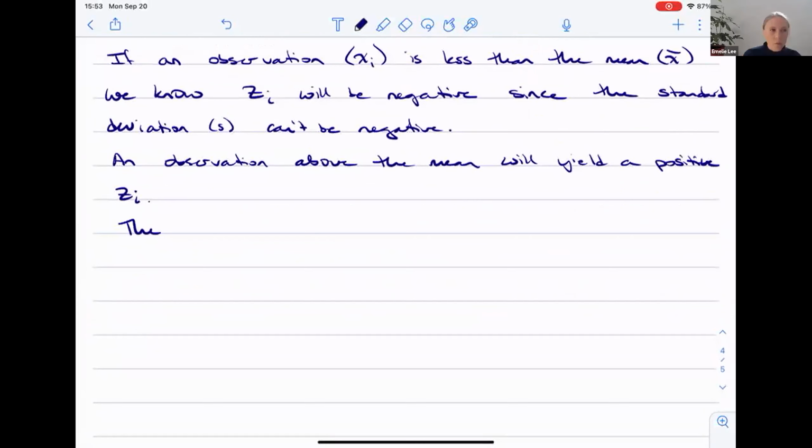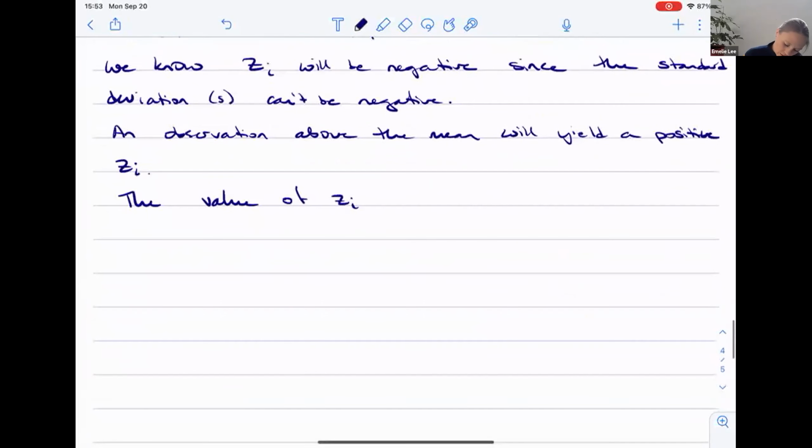The magnitude, or I'll say the value of Zi, tells us how many standard deviations. Are you guys okay with just SDs at this point? Good. My hand couldn't possibly write out two words.